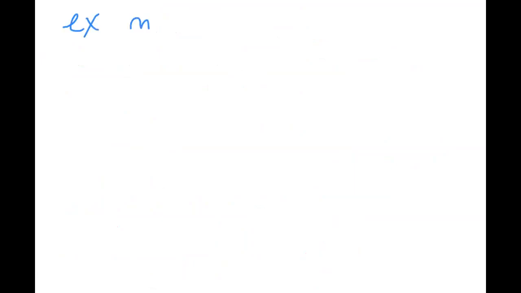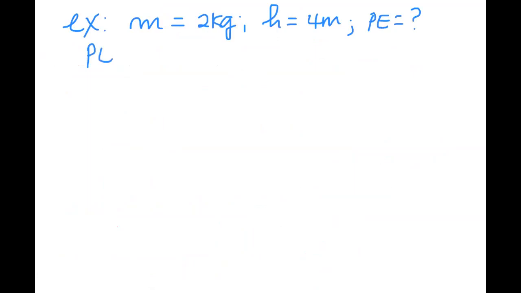For example, if you have the mass of an object as 2 kilograms and you have raised it to a height of 4 meters, what will be the potential energy? From now onwards, we just say potential energy, but it's actually gravitational. So potential energy is mgh.